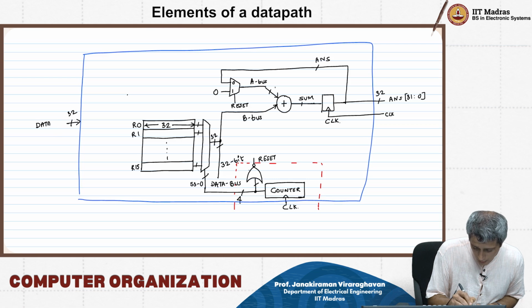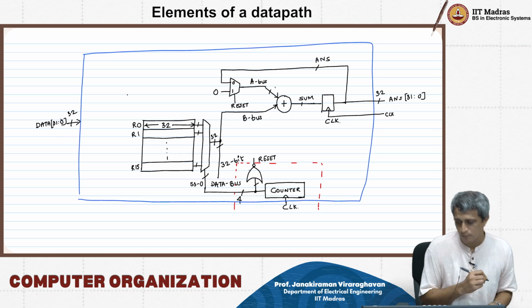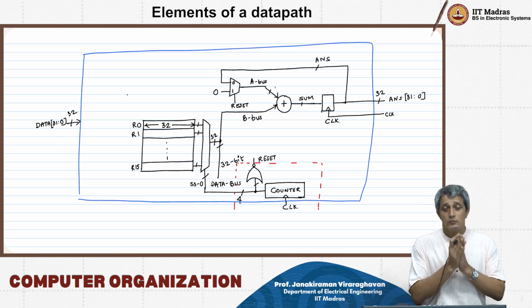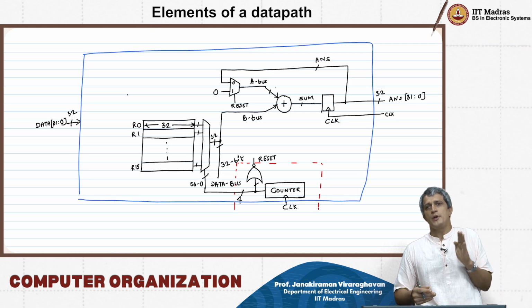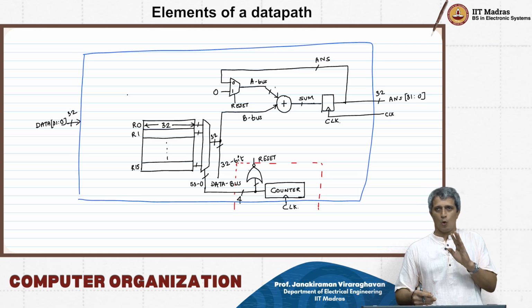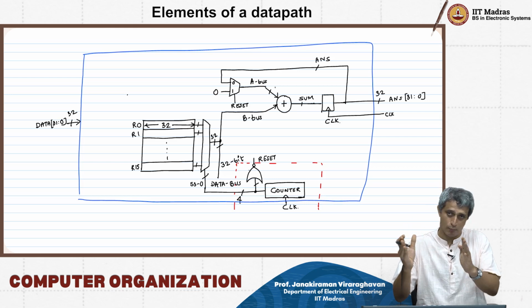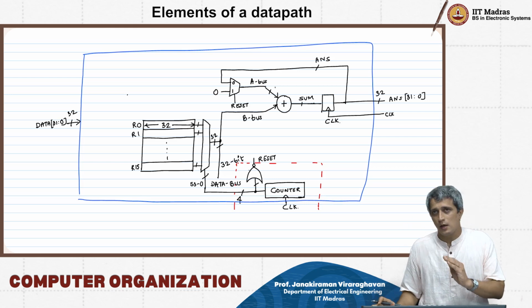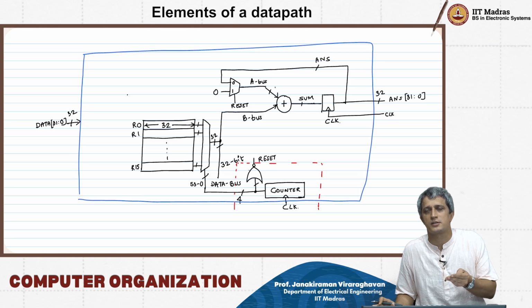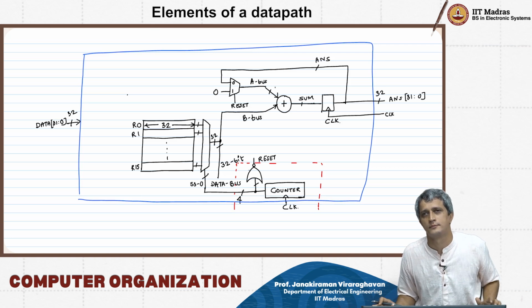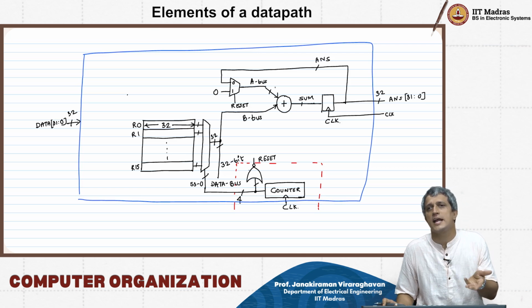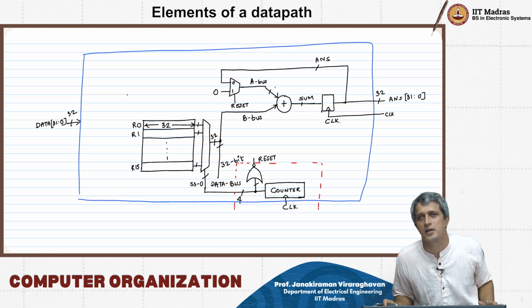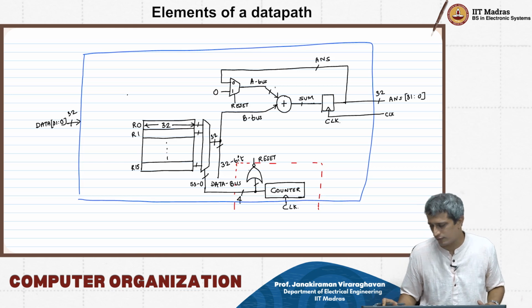So data of 31:0. Now, if the data is allowed to come into the system only one 32-bit number at a time, then how many registers do I need here? How many registers do I need, or do I even need any register at all, is the real question we have to ask ourselves.